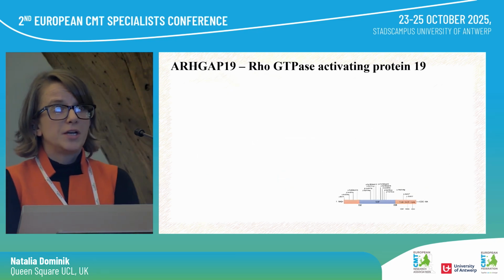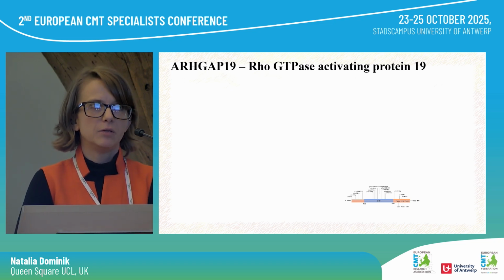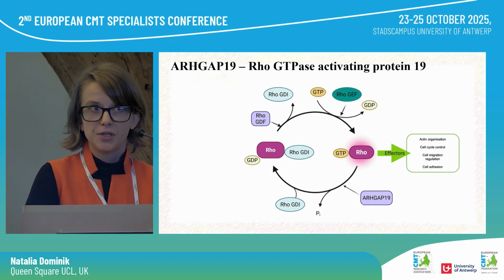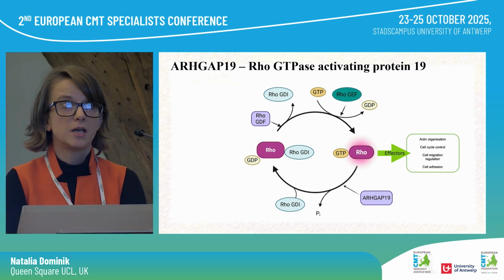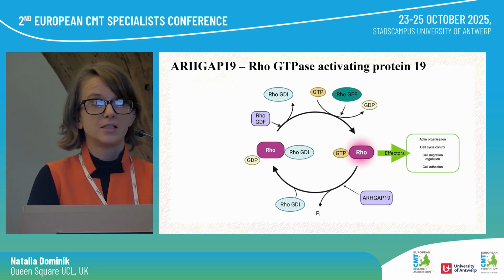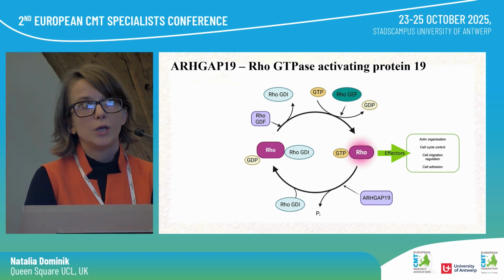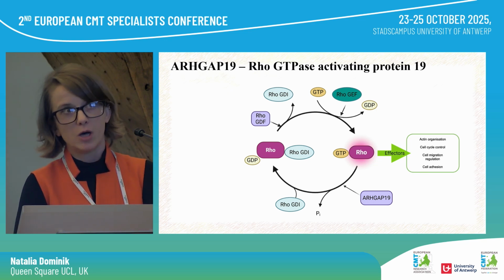But what does ARHGAP19 actually do? Well, I've mentioned to you already that it's a GTPase activating protein. It has activity towards RHO-A, where it stimulates its low intrinsic GTPase activity. RHO proteins are GTPase proteins. They act as molecular switches, and they basically cycle through an inactive GDP-bound state to an active GTP-bound state.